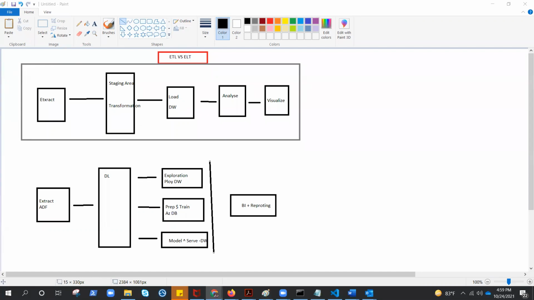Now, even this process has some advantages and some disadvantages. So let's try to understand the advantages. As you can see, there is no transformation happening of a huge amount of data. So this phase is very fast as compared to the ETL.